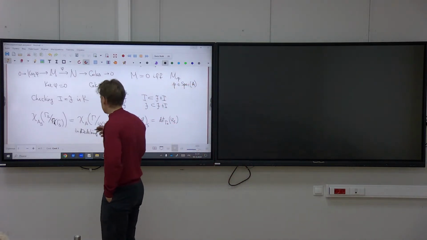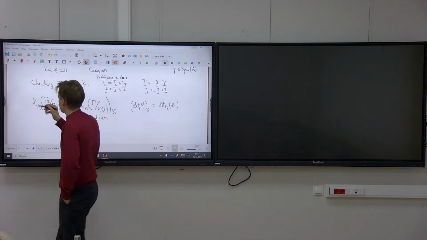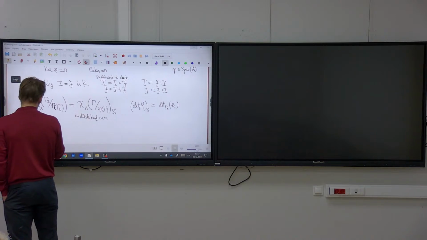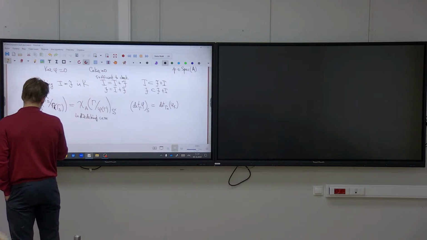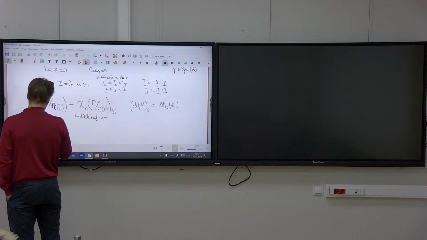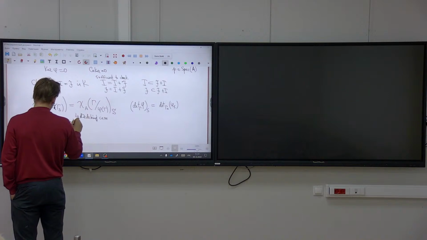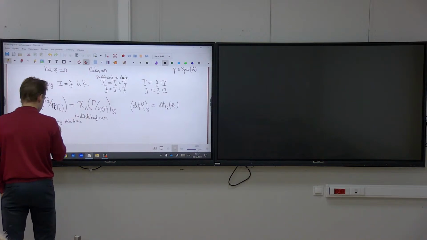And this implies that in our case, chi of A, when A is a local one-dimensional ring, the dimension of A is equal to 1, is precisely a discrete valuation ring.